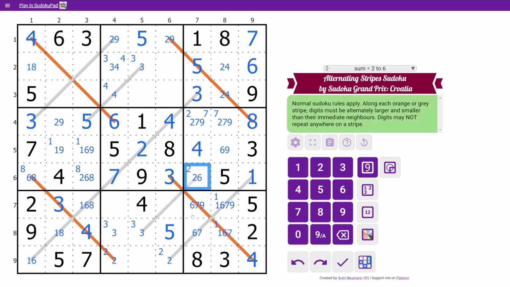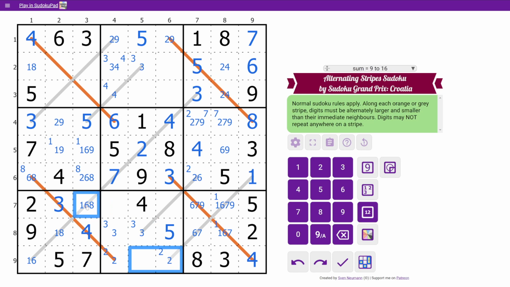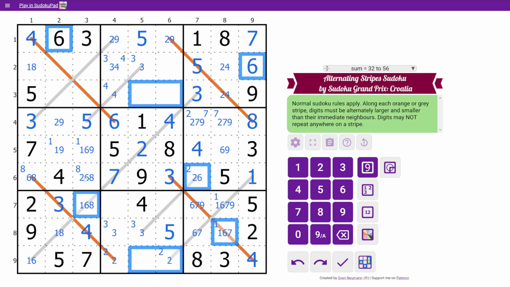If this is a 6, it goes down here, and then there, and there, and one of those, and then it has nowhere to go here. That's not a 6. Is that right? Yeah, it is.